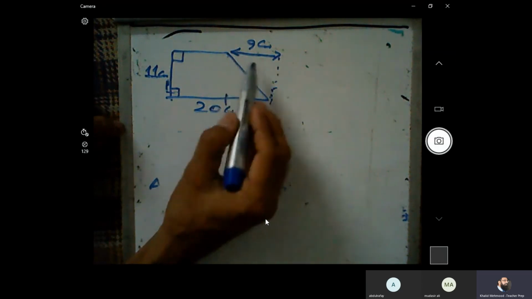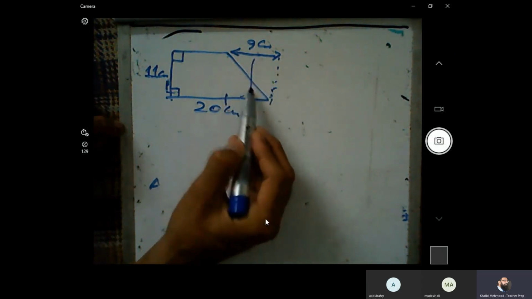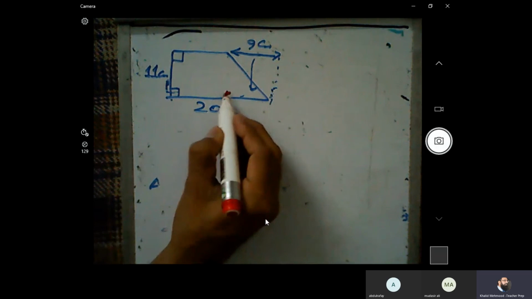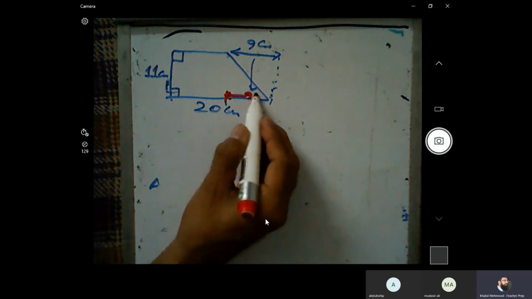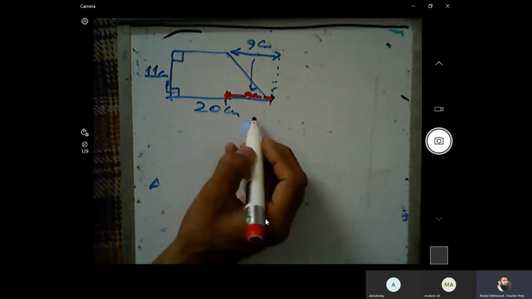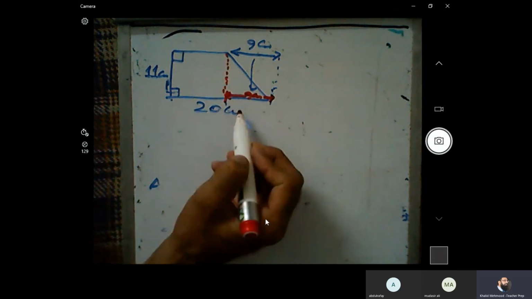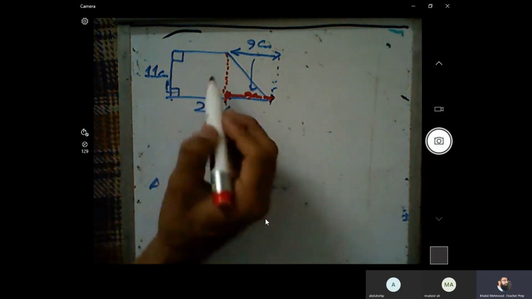If this is 9 centimeter, I'm taking this down. So that's why till here it is 9 centimeter. Okay, and if we split this, this becomes a triangle, and this becomes a rectangle.